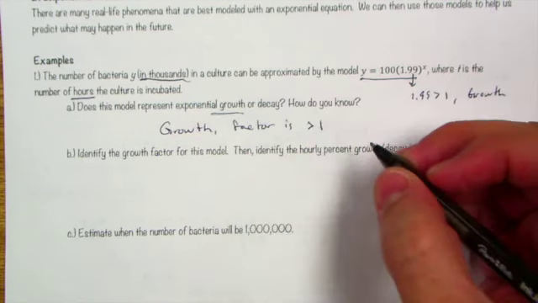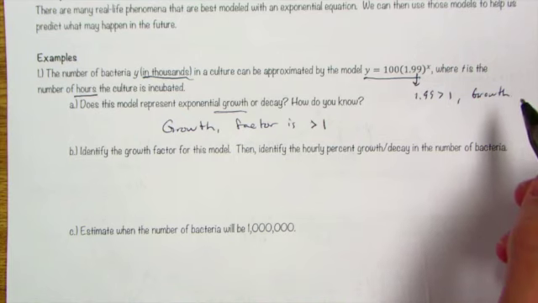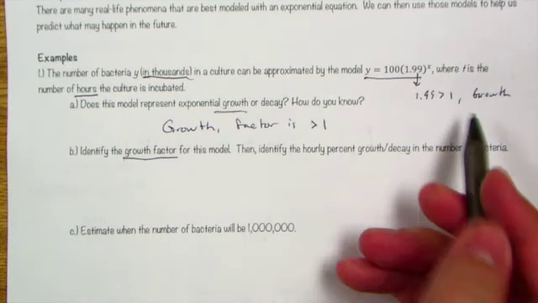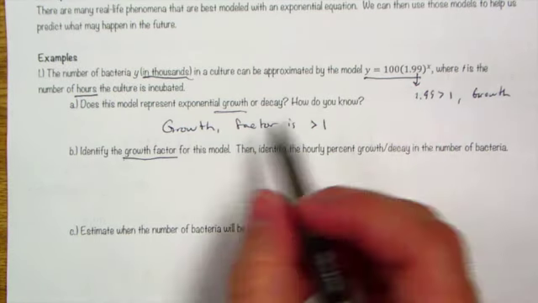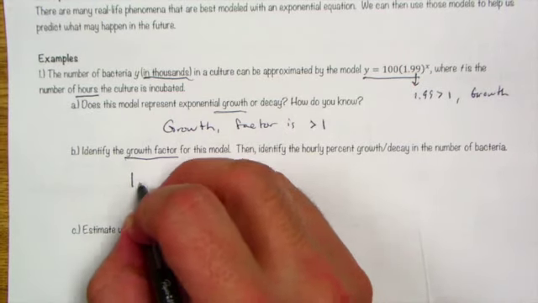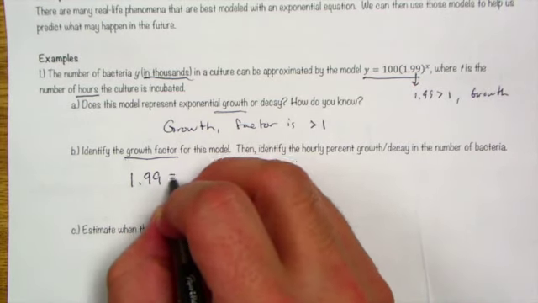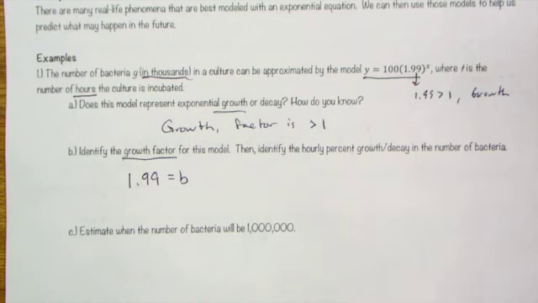We have a factor of 1.99, which is greater than 1. This second one says to identify the growth factor of this model, which we already did. It's up here, 1.99. So 1.99 equals B.